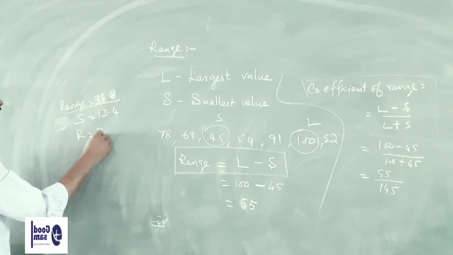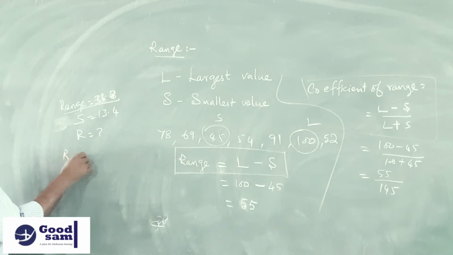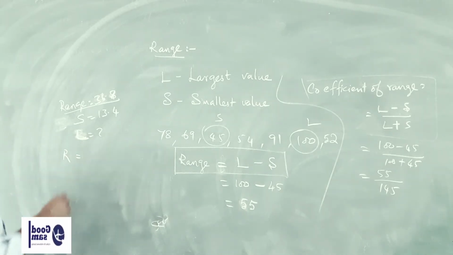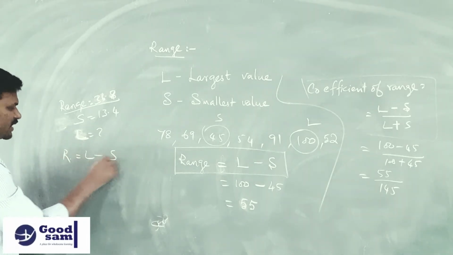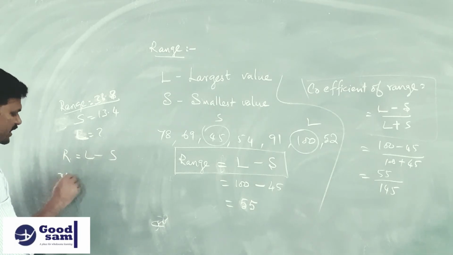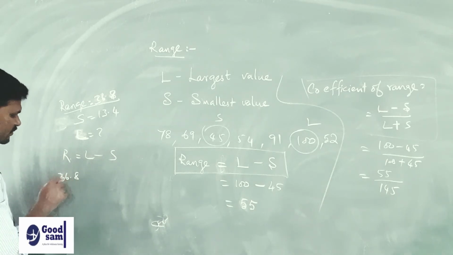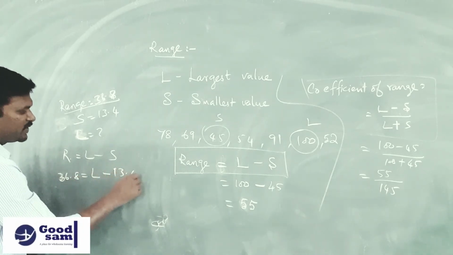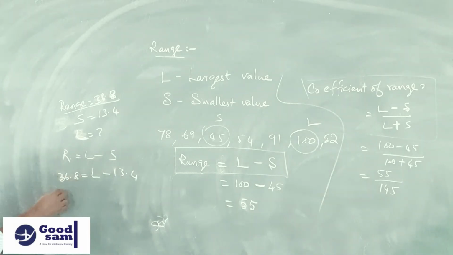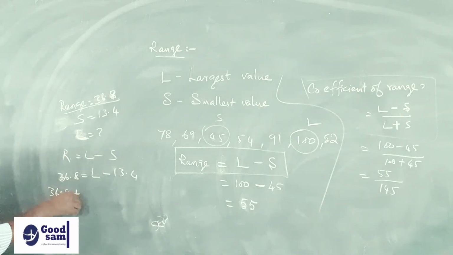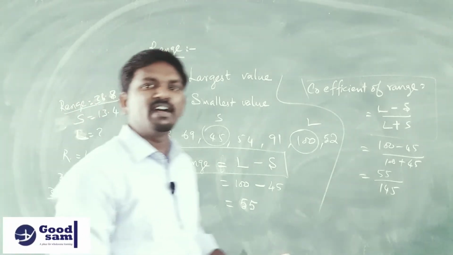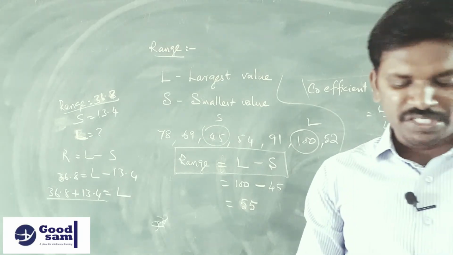So we have to find L. Range is equal to L minus S, where L is the largest value. So 36.8 is equal to L minus 13.4. So the subtraction is here, we bring it to the other side. 36.8 plus 13.4 is equal to L. If you add these two, that is the value of L, the largest value.